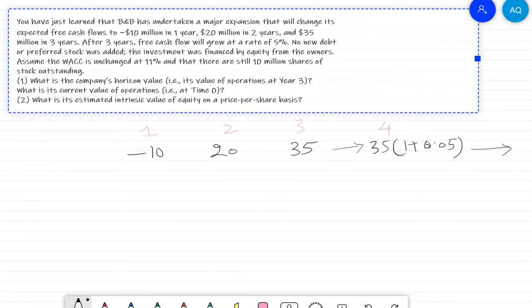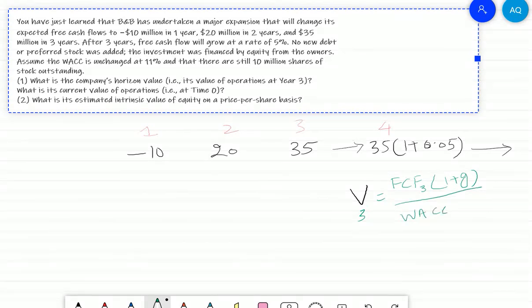So to calculate horizon value at the third year, it will be free cash flow at year 3 times 1 plus G divided by WACC minus G. The free cash flow at year 3 is 35 and the growth rate is constant.